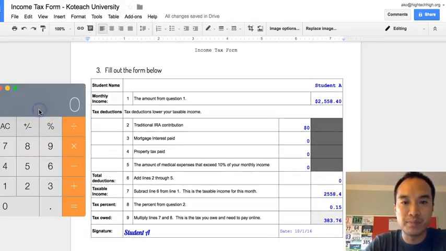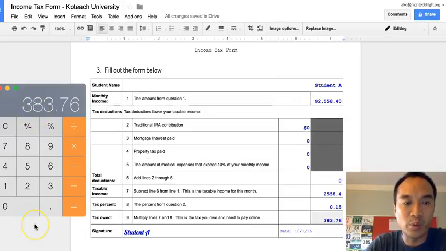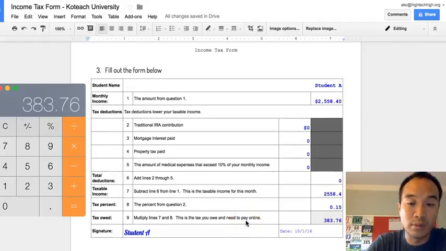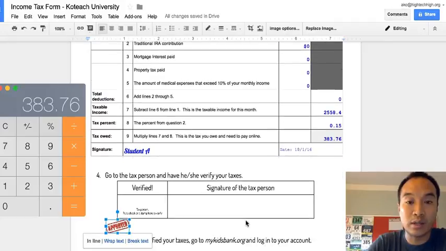So let me do that. 2558.4 times 0.15 is 383.76. So student A, the apple, did their taxes correctly.